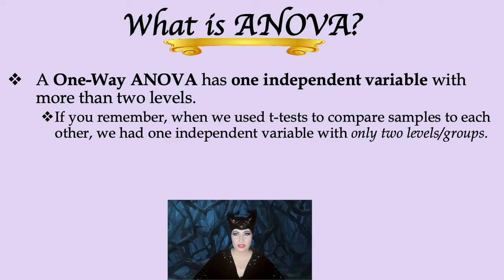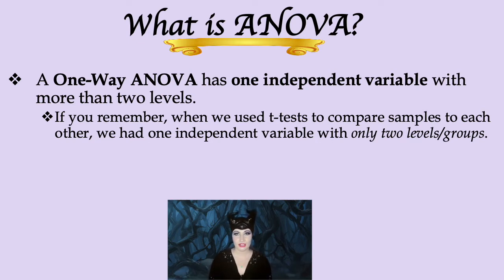We know that in order to make a comparison, the minimum number of groups we need to have is 2. In some instances, one group would be the control group and another group would be the treatment group. Or, for example, you can have one group receiving one level of the independent variable and the other group receiving a different level. So we always needed to have a minimum of 2 groups to make a comparison.